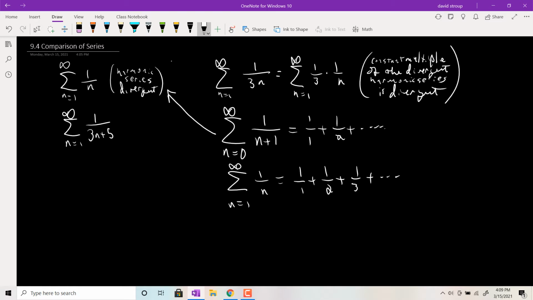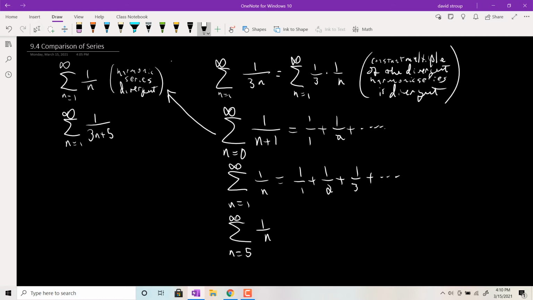We're also not talking about kind of truncated versions. So if you start at n equals 5 to infinity of 1 over n, that thing's still going to diverge. Okay, so if you multiply by a constant, it does not affect whether it diverges or converges.